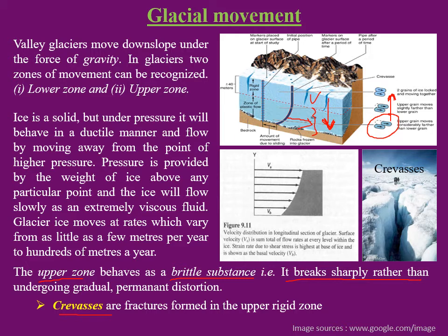This is the evidence of permanent distortion due to the differential movement in the entire ice mass. Some layers move faster or slower with respect to others. Due to this differential movement, these vertical cracks occur within the glacial ice mass. In this way, the glacier moves downslope along with the formation of these sharp, narrow cracks known as crevasses.